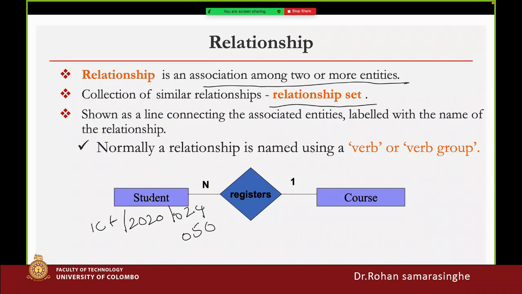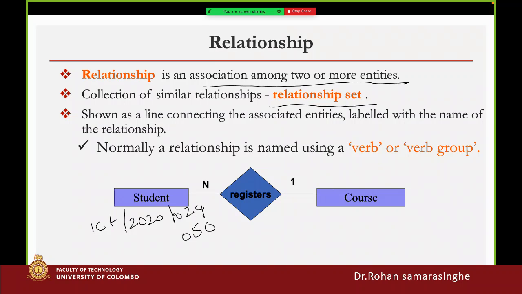That means student registers course. For an example, Lasantha registers ICT course. So in such case, many students can register in the one course. So when you get the DBMS, all the ICT students must register in the DBMS course.